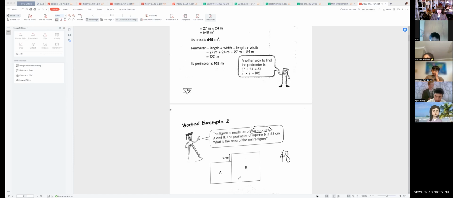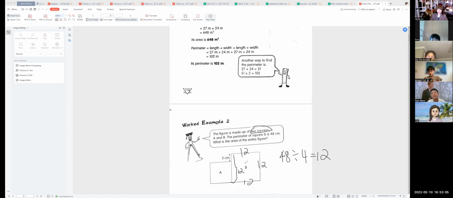Can you tell me the side of B is what? Divided by what? How many sides are there? 4. Okay, so 48 divided by 4. Then it's 12. Very good. I see Ava is helping you. That's a very good atmosphere for our class.